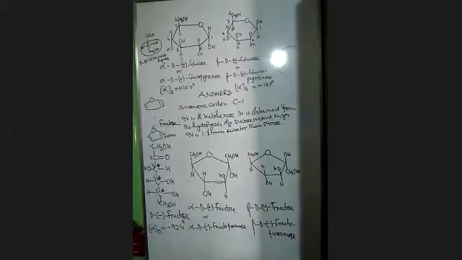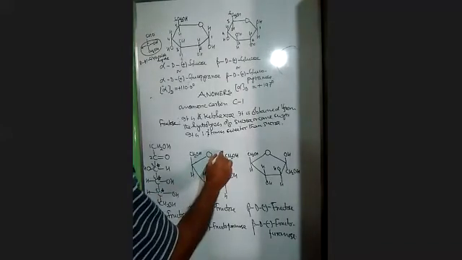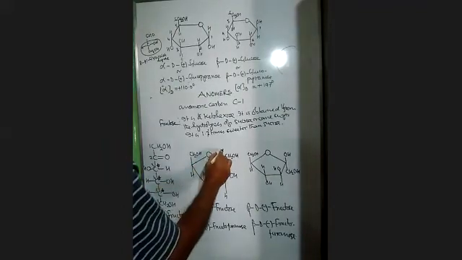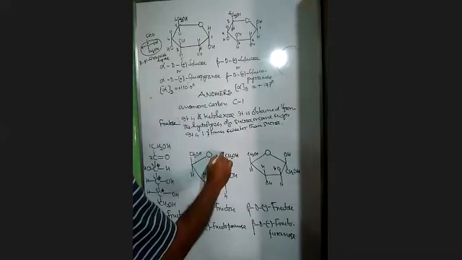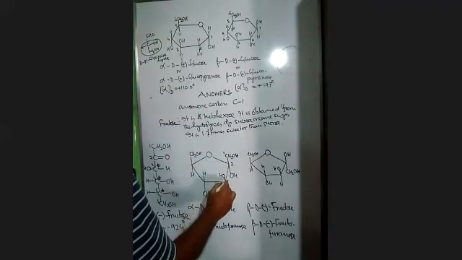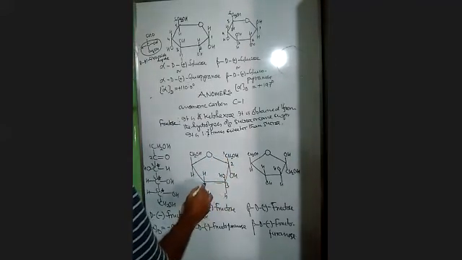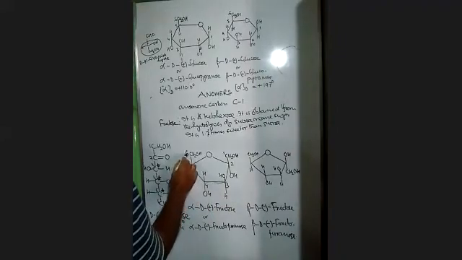Please write the structure. We'll remove this one. Now see here, I'll put the numbers now. This is 1, this is the carbon of C2. 1, 2, 3, 4, 5, 6.